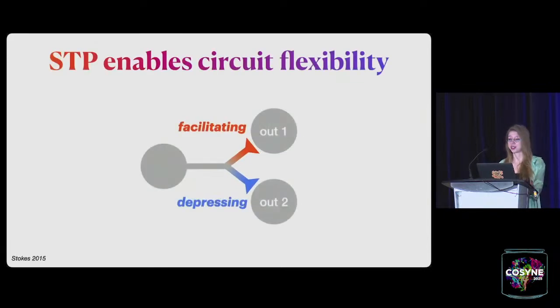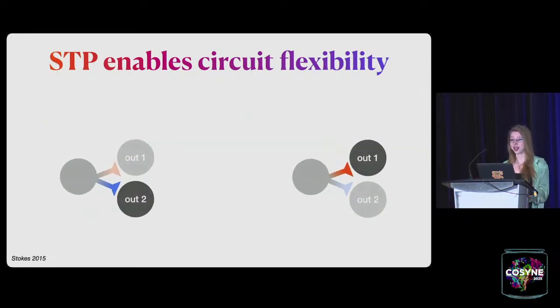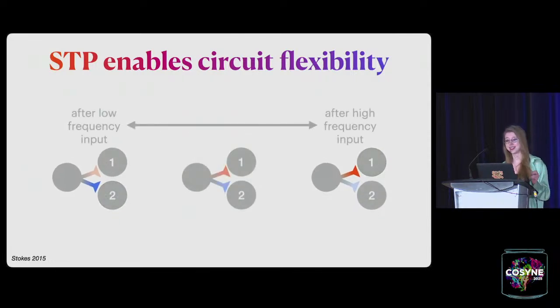If each presynaptic terminal expresses a different short-term plasticity profile, then rapid presynaptic firing would temporarily boost one pathway while weakening the other, and the opposite would occur at lower firing rates. Now, these are two extreme cases, and in reality, the circuit's synaptic or hidden state could exist anywhere along a spectrum between them.